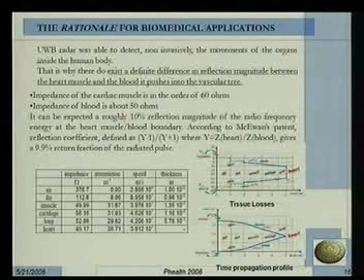For example, the impedance of cardiac muscle is in the order of 60 ohms. The impedance of blood is about 50 ohms. So it can be expected that a roughly 10% reflection magnitude of the radio frequency at the interface between the muscles and the blood, so the heart and the blood.